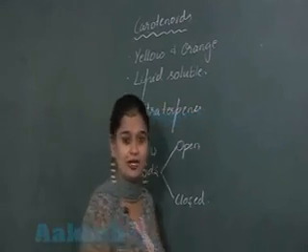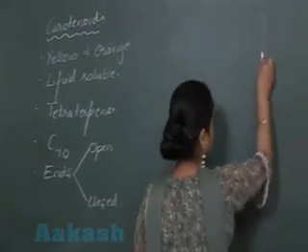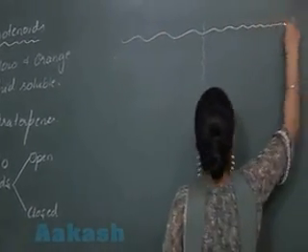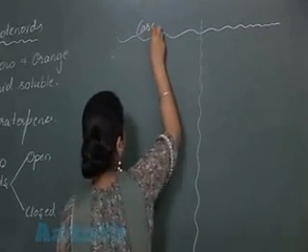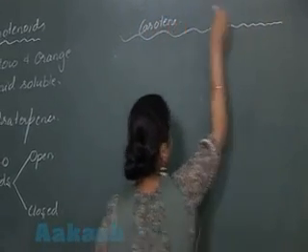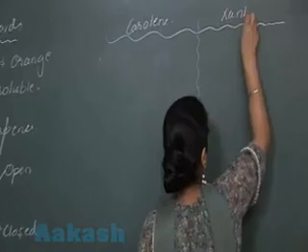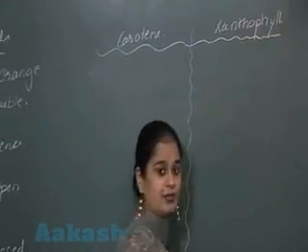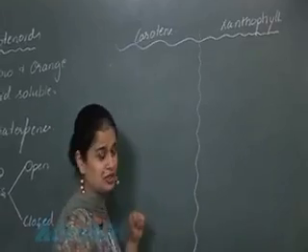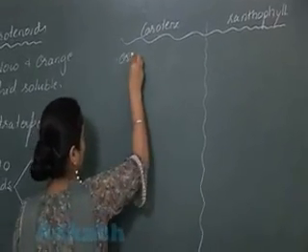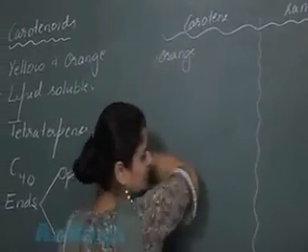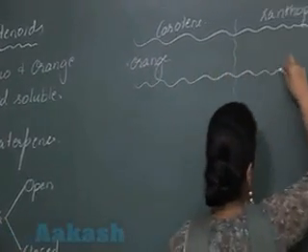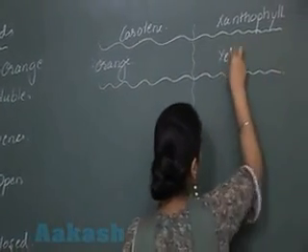Now the carotenoids are divided into 2 types. They are mainly of 2 types. One is carotene and the other one is xanthophyll. Now carotenes are generally orangish red color pigments, and xanthophylls are yellow color pigments.